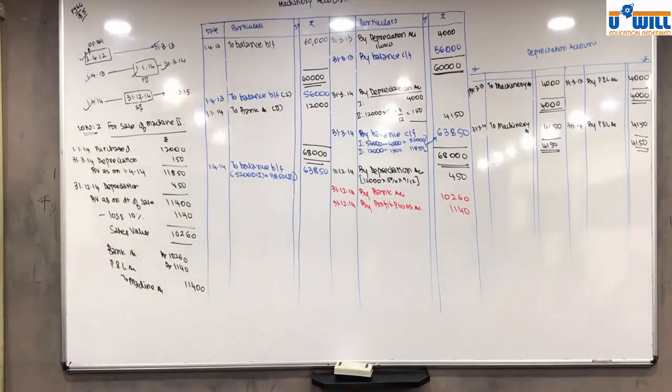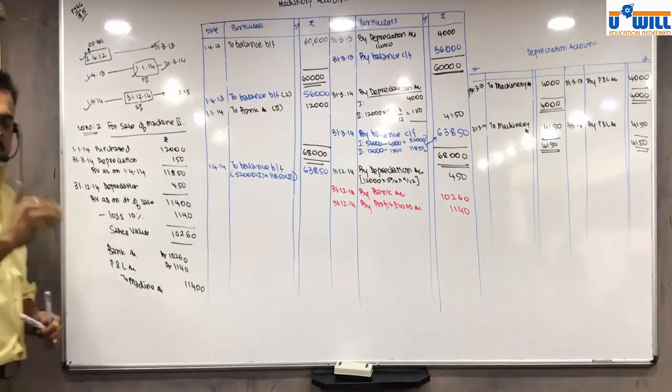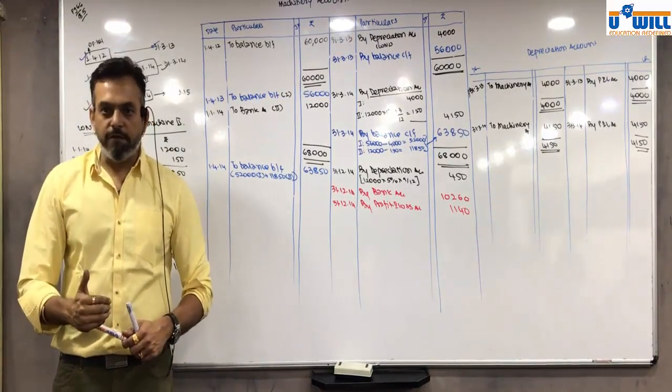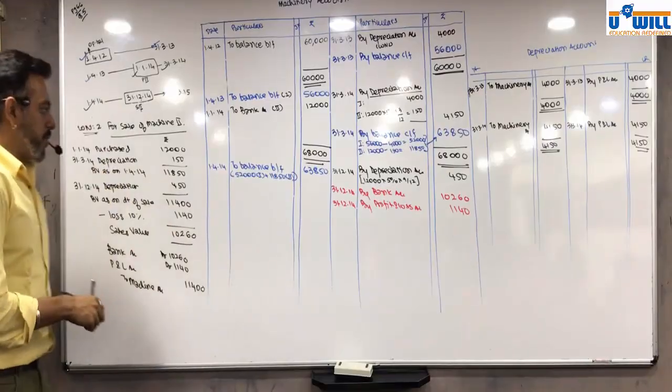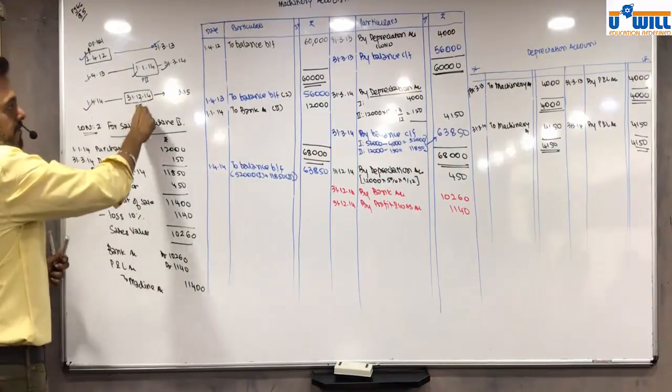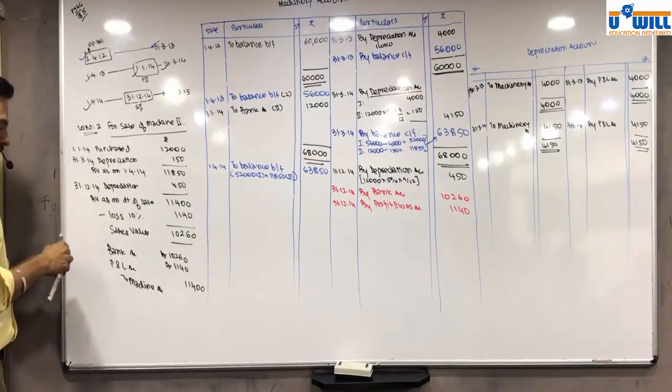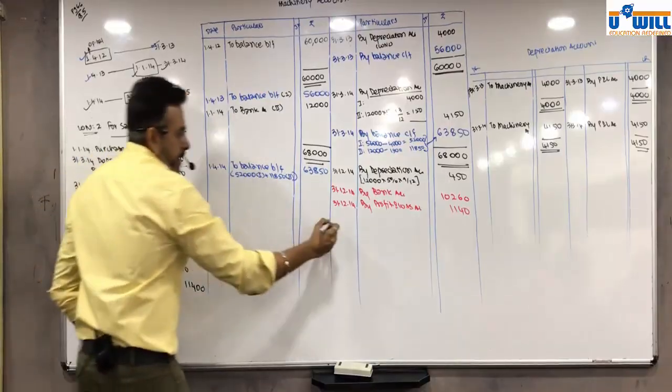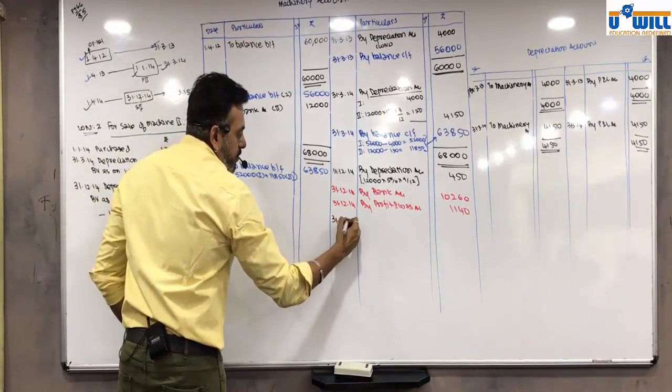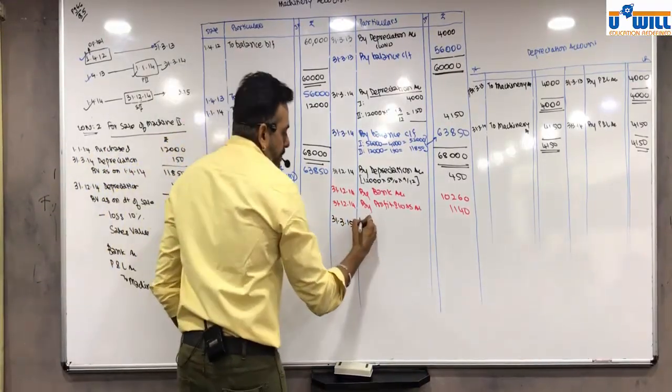Is the sum over? No. We have sold one machine, but the other machine is still in our books of accounts in our business. So next date after 31/12 is what? 31/3/2015. Now on 31/3/2015, depreciation.